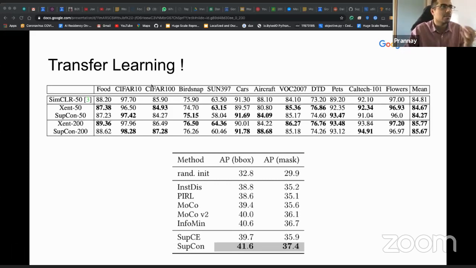So what we have here is a model that is trained on ImageNet and then is fine-tuned on these specific data sets, such as CIFAR 10, 100, Food, Sun 397, VOC, and you can look at details of that in our paper as well. And the key idea here is that first, we are competitive with most of the state-of-the-art models, which are cross entropy and SimCLR, on both ResNet 50 and ResNet 200.